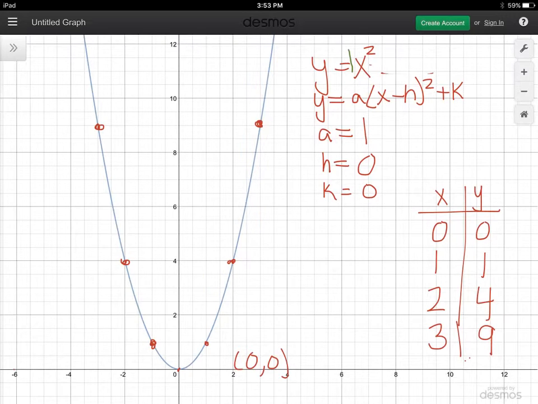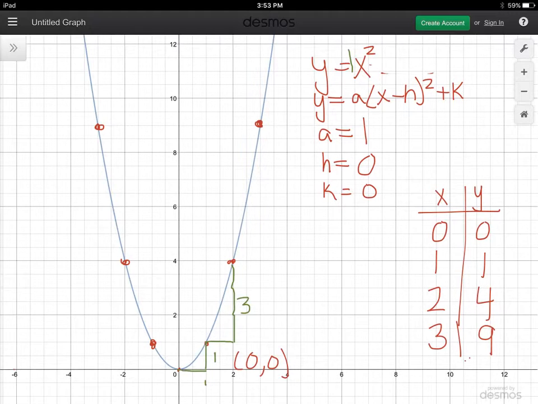Now we talked about the step pattern, and it's created from this base parabola. So again, starting at the vertex, we go over one step, up 1. So there's our first step pattern of 1. We're going to go over 1, and we go up 1, 2, 3.